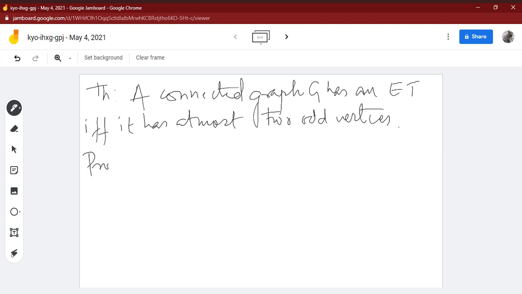Since it is both a necessary and sufficient condition because of if and only if, we'll prove both the direct and the converse part. Let us suppose that G has an Euler trail. We have to prove that it has at most two odd vertices.